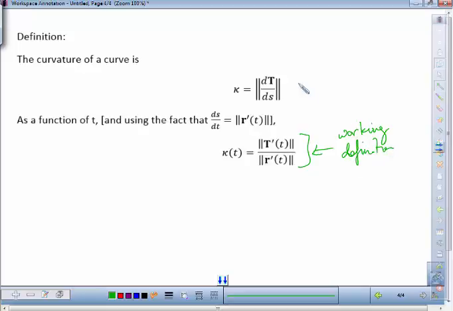This first formula would just be some intuitive sense of how to measure the curvature. By the way, for the curvature they use a little Greek letter kappa. So this is kappa.